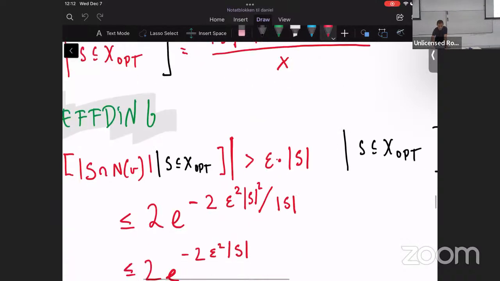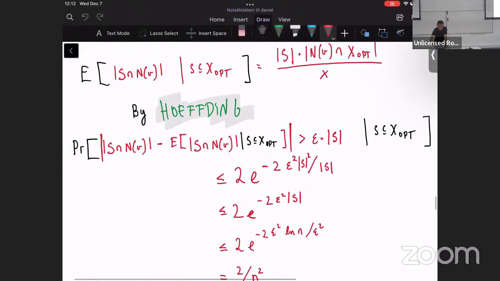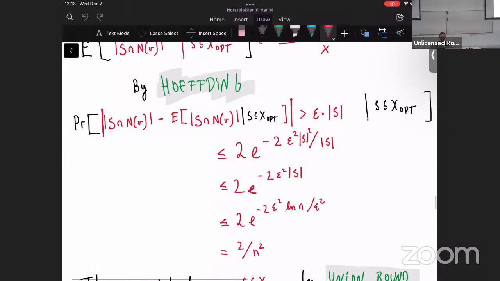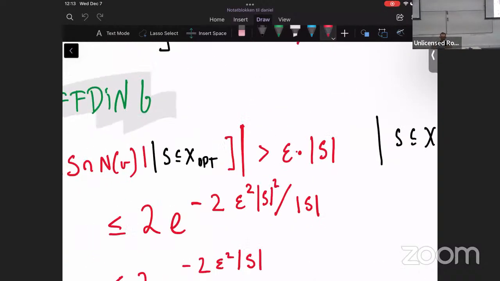For that, we can do Hoeffding. All we care about now is the probability that S intersection N of v is actually close to its expectation. So what is close? You want it to be at most epsilon S away, so the bad event is that you're at least epsilon S away.